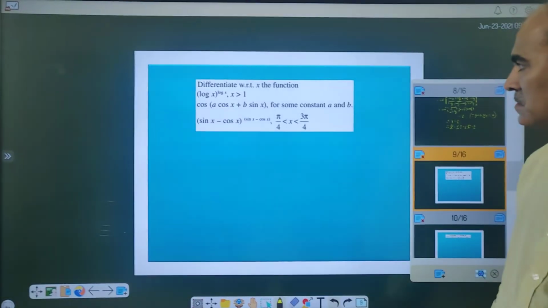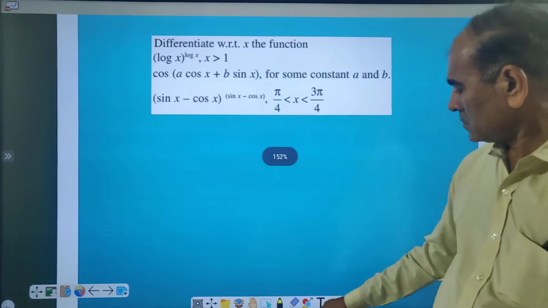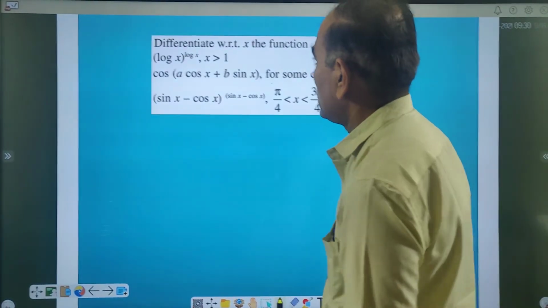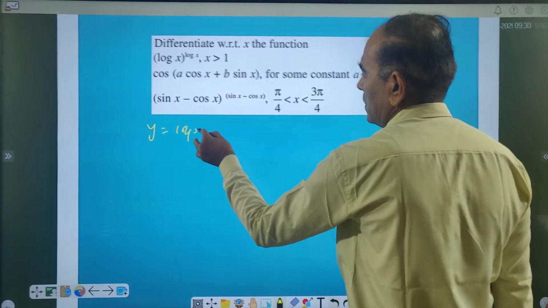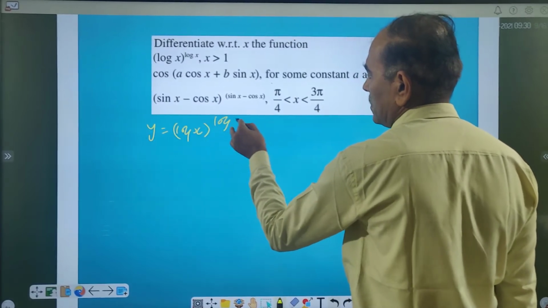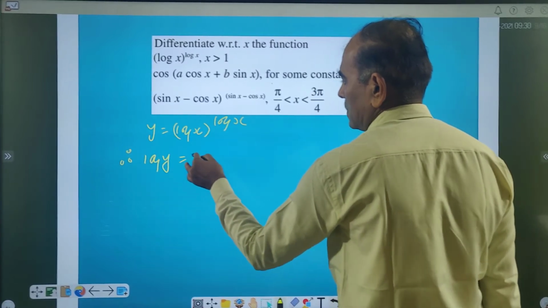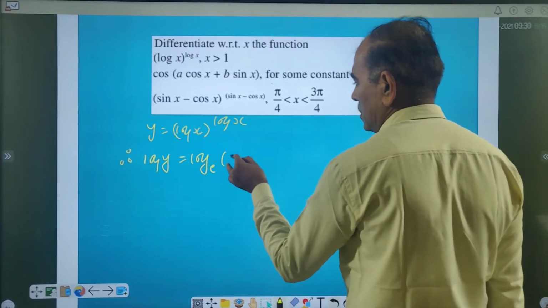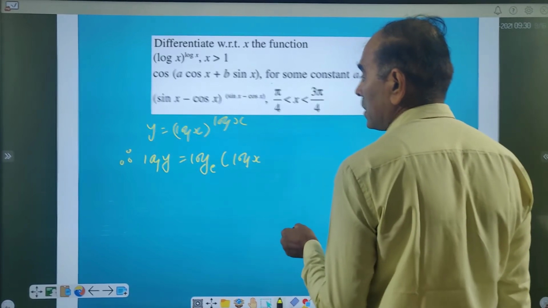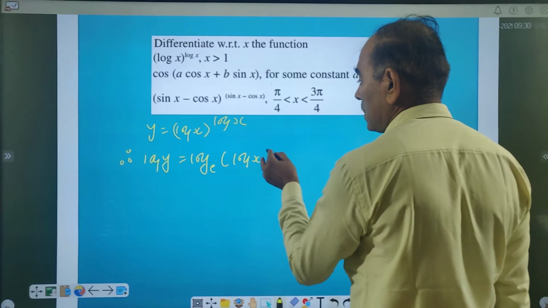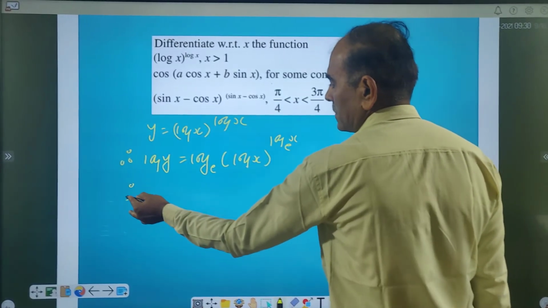Next. See, what is given? y is equal to log x raised to log x. No problem. Any function raised to any function is given to us. Log y is equal to log of log x raised to log x, base e.